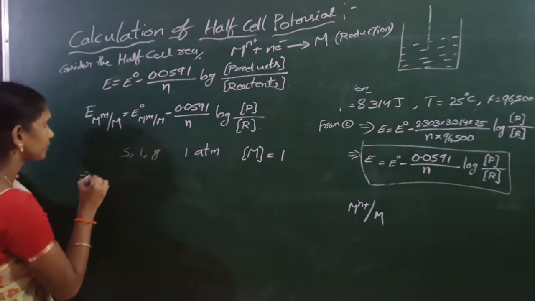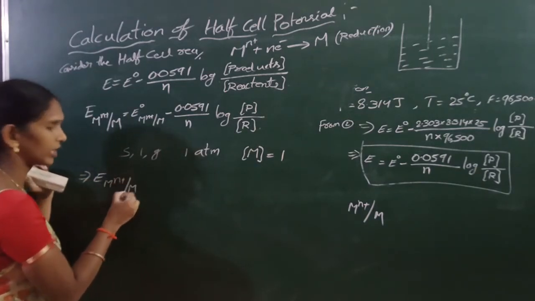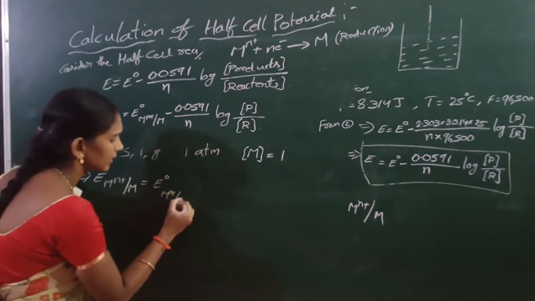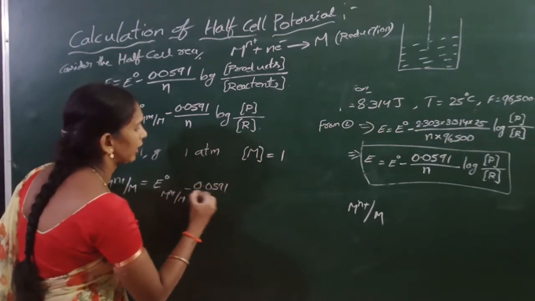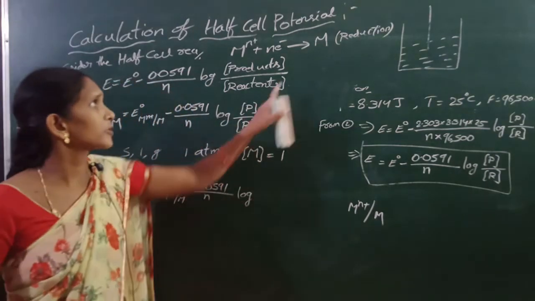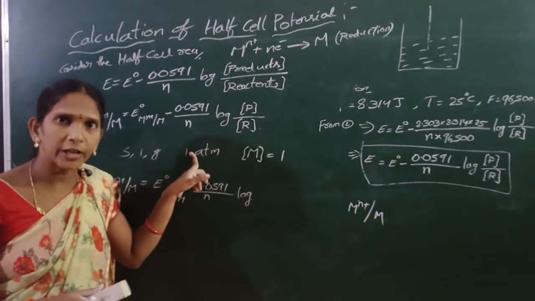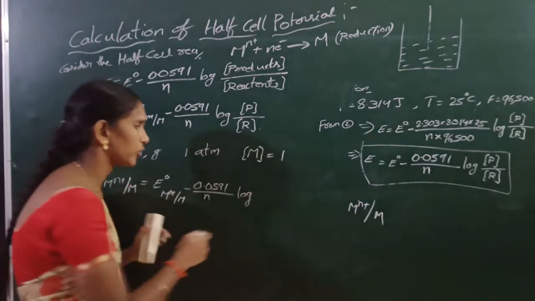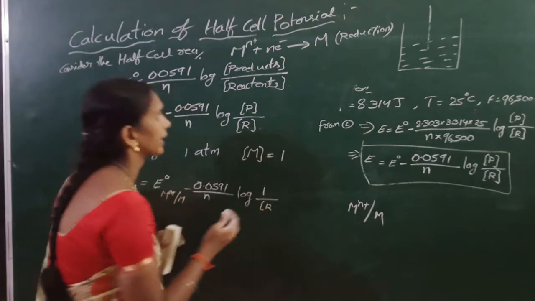That means E of M n plus by M is equal to E naught of M n plus by M minus 0.0591 by n into log concentration of products, which here I can take as 1, because at 1 atmospheric pressure the concentration is taken as unity, so 1 by concentration of reactants.